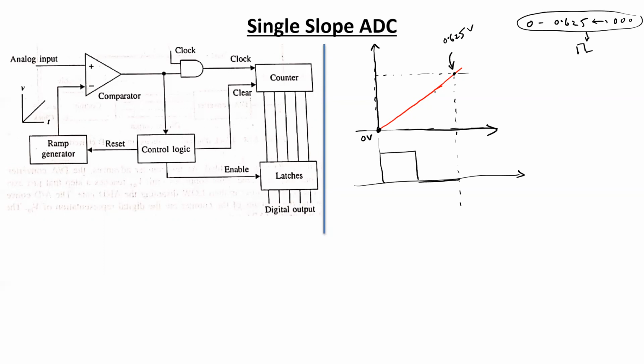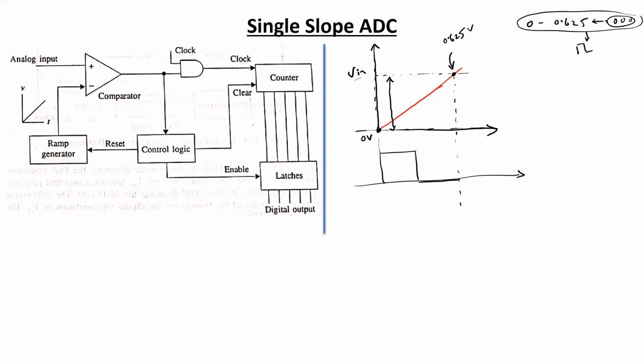Okay, so this is the maximum range of the input voltage for the first quantization state. So for the input voltage, any values of the input voltage between this 0 to 0.625 will actually result in 000.